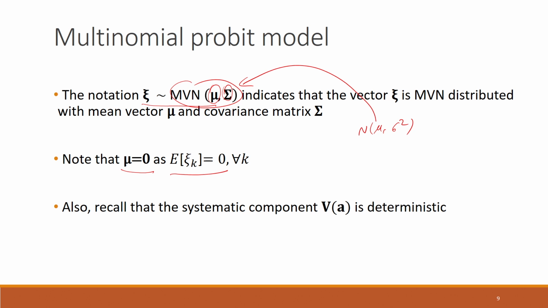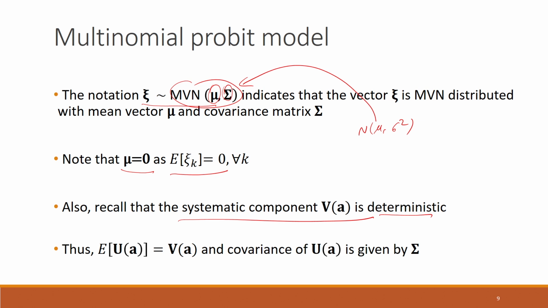Now, remember that the systematic component of this utility is a deterministic component. So, therefore, the expected value of the utility vector is equal to the systematic component or the deterministic component V here.